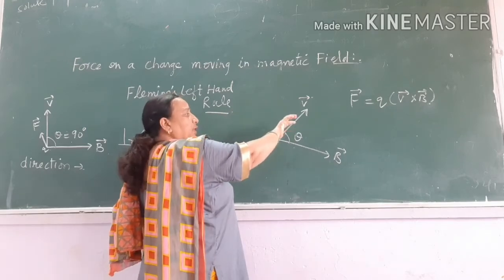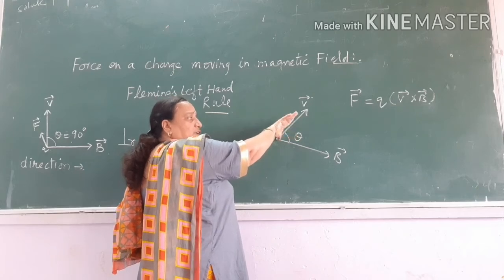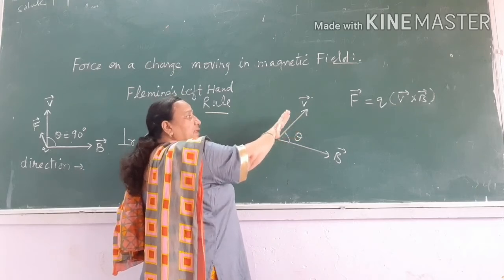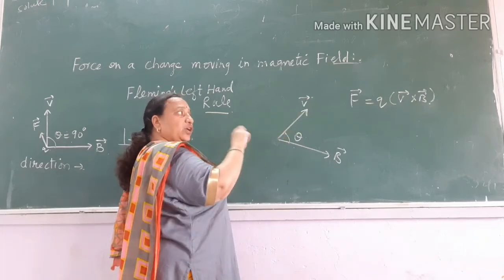I put the thumb at the intersection of the two vectors v and B and curl the fingers in the direction of the cross product, that is from v to B.